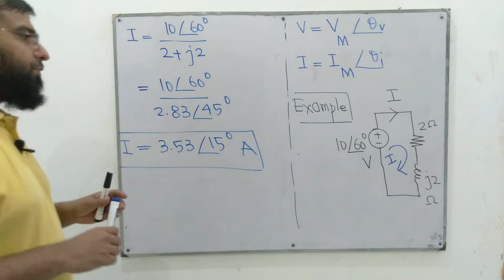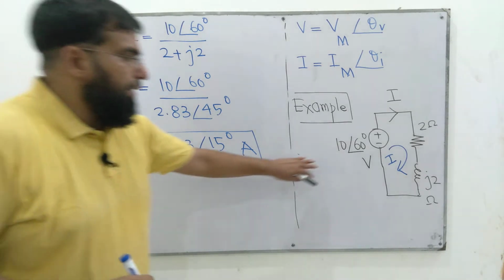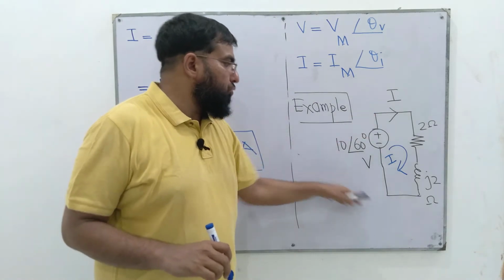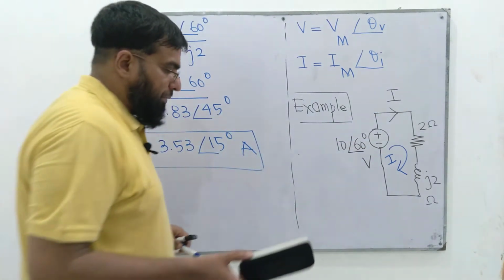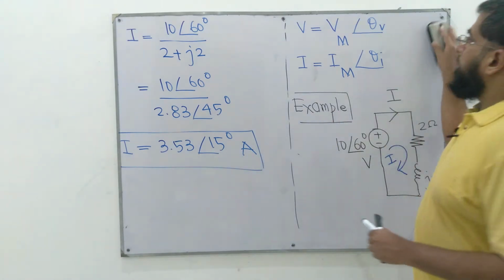Right, how would you find the power generated by this source? Since this current I also flows through this source, we are in a very good position to find the power generated here.